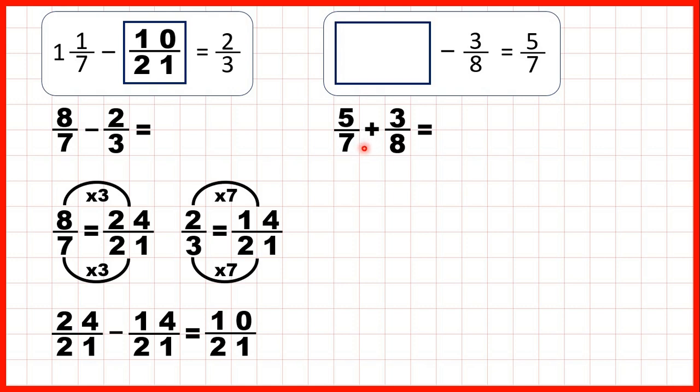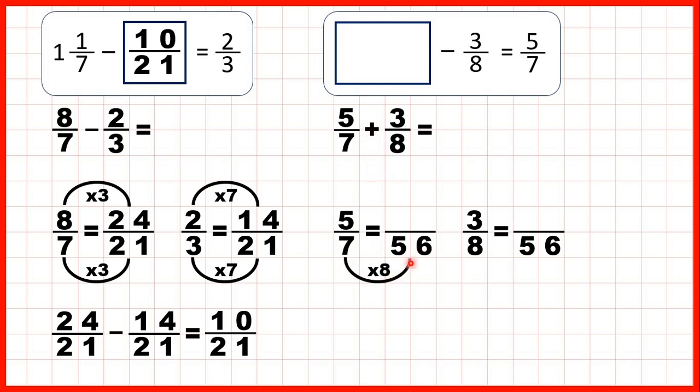Now the lowest common multiple of 7 and 8 is 56, so we can find equivalent fractions for 5/7 and 3/8, which both have a denominator of 56, because when the denominators are the same, we'll be able to add our fractions.